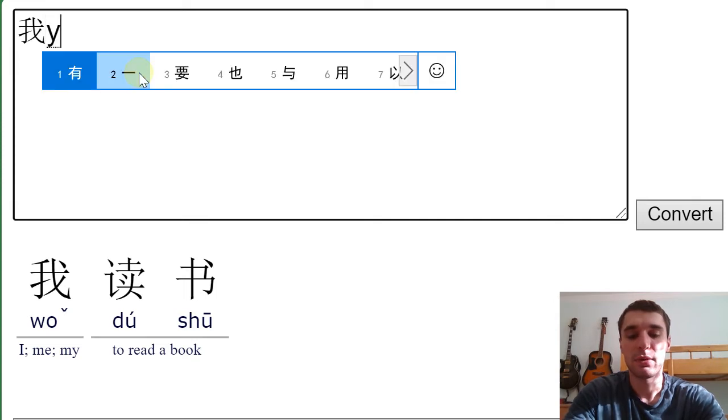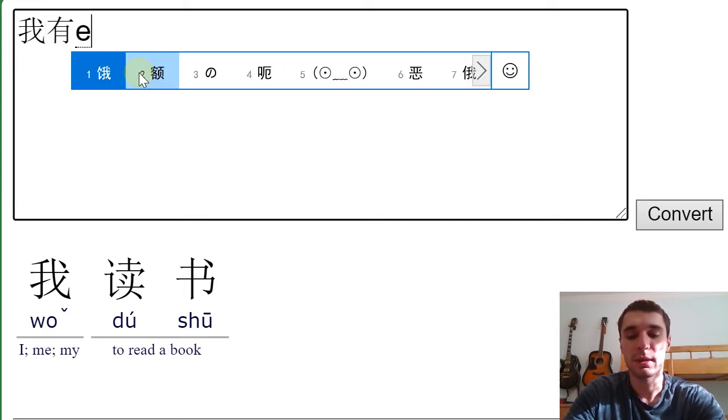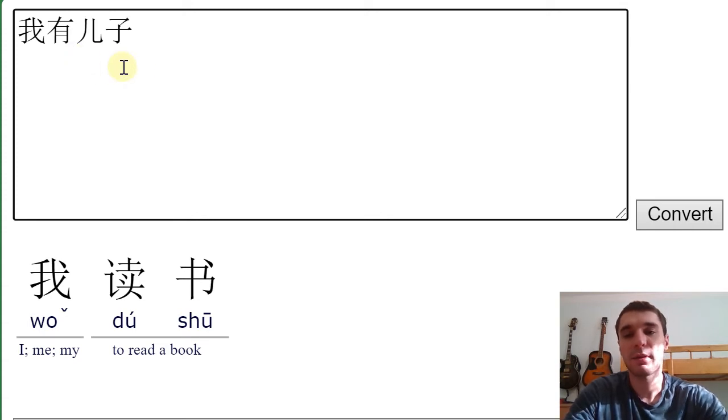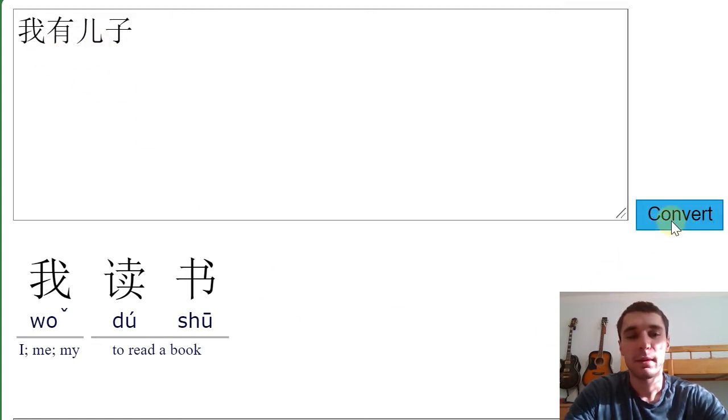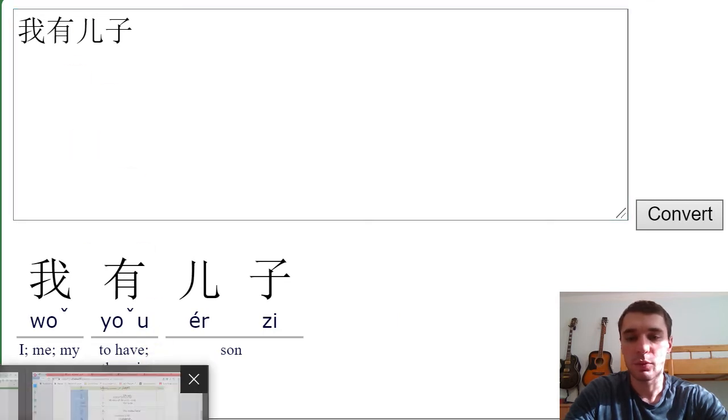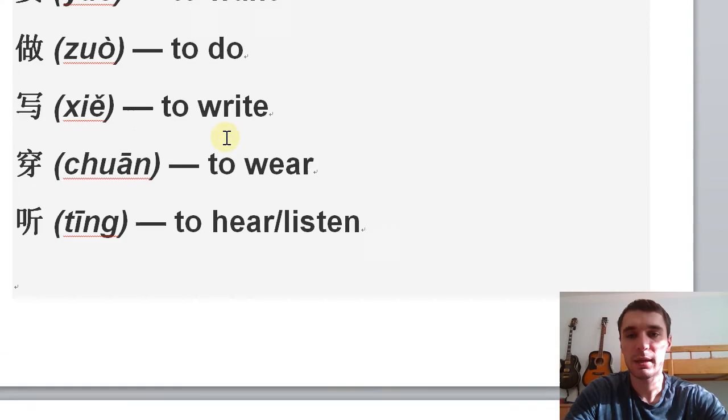How does it have? 有 a son, 儿子. So, I have a son. 我有儿子. That's how we say it. Let's convert so you can see the words. 我有儿子. I have a son. I think we got it. And we can move on to the next topic.